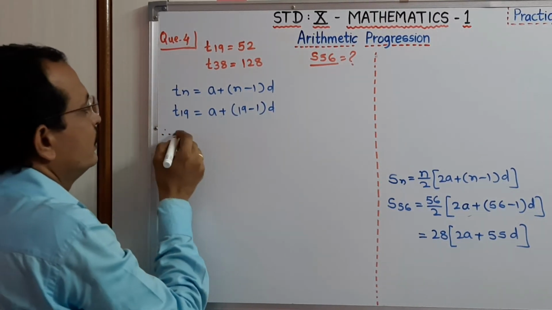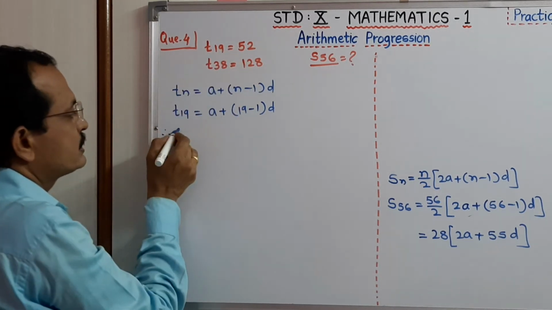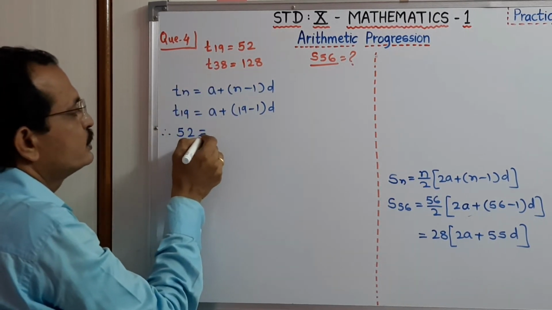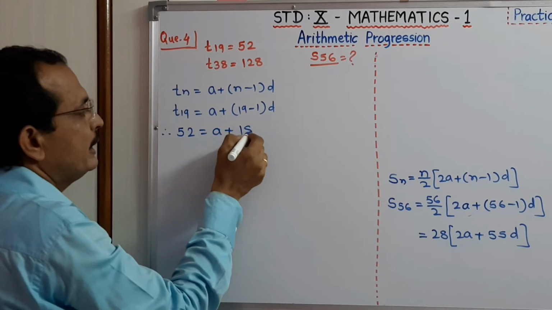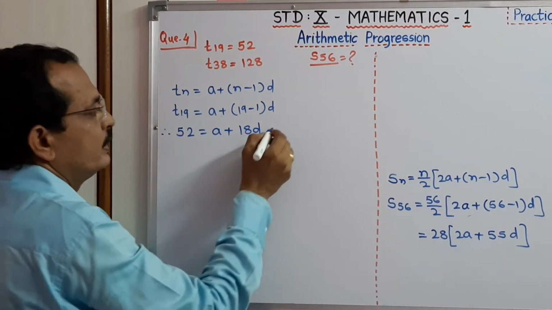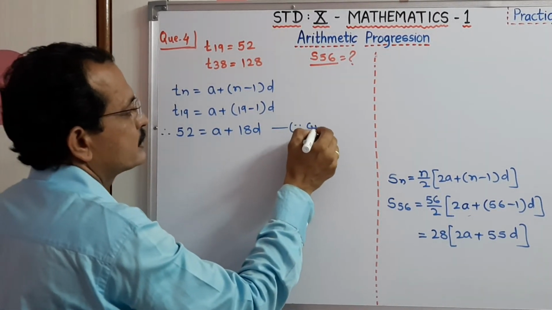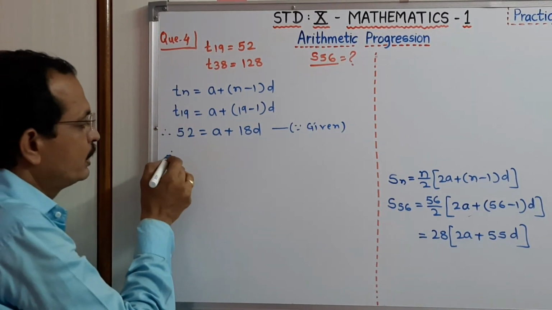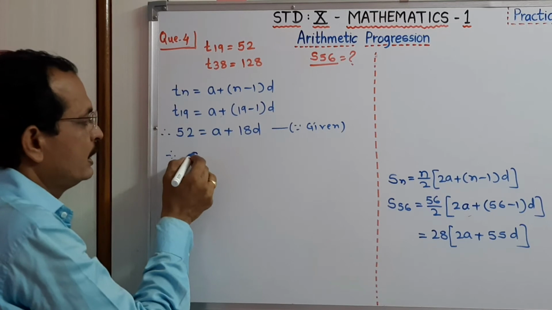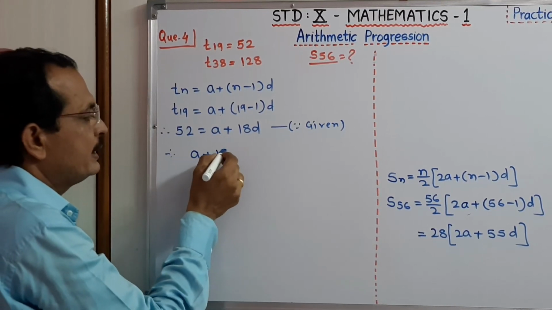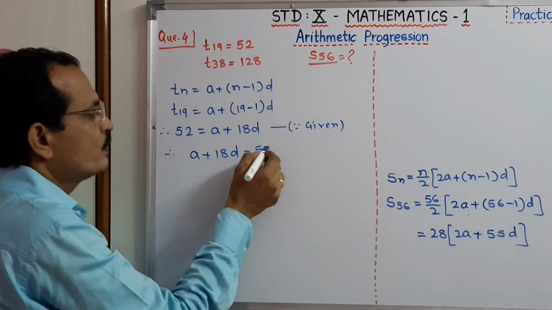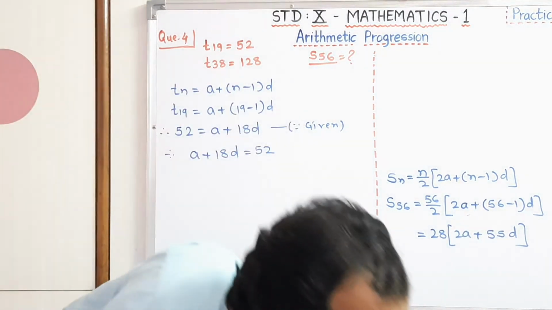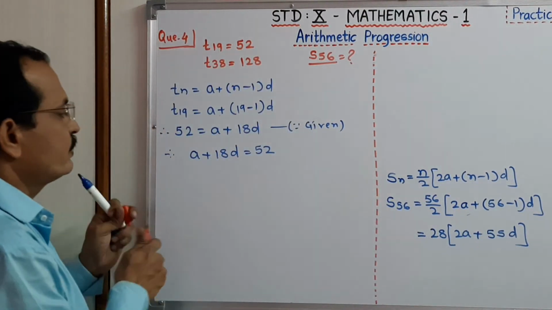Therefore 52 is equal to a plus 18d. What is given? T19 is 52. Therefore dear student, we got a plus 18d is equal to 52. This is the first equation.